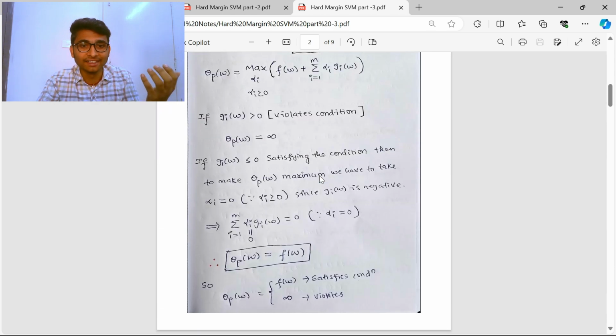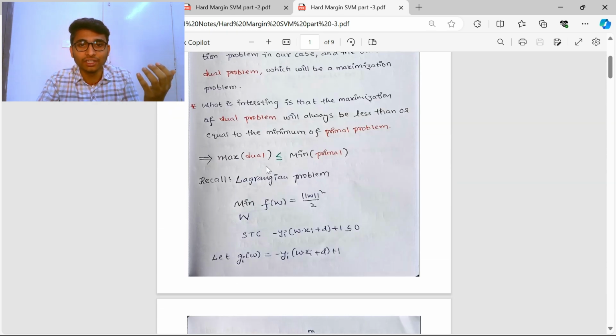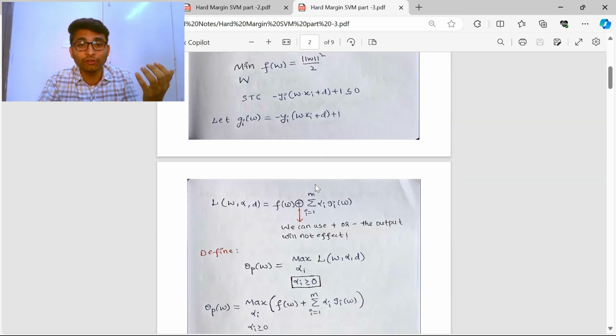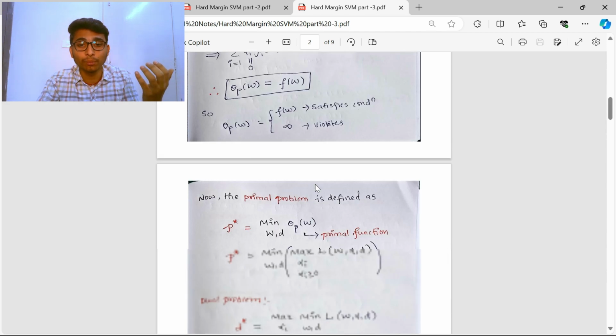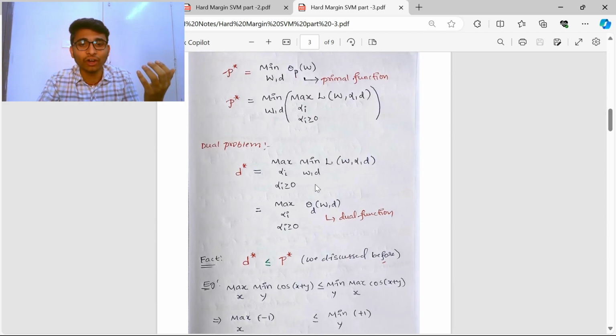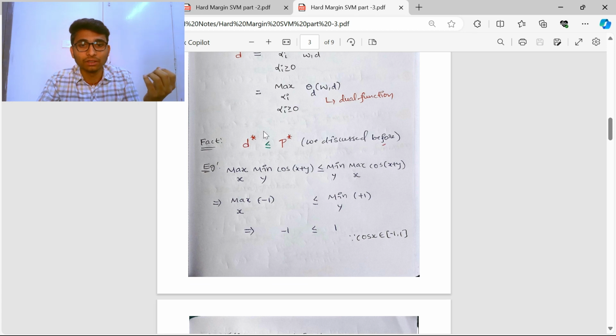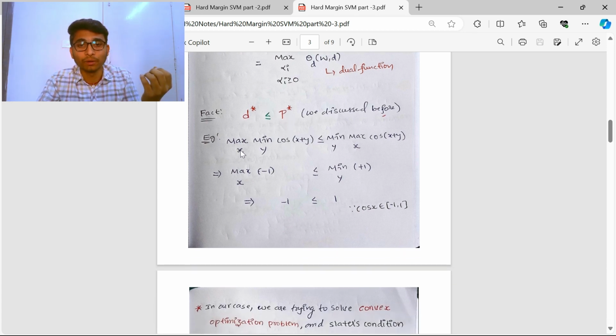Now, the fact which I discussed before: the dual problem will always be less than or equal to the primal problem. Let's take one example: the maximum over x of the minimum over y of cos of x plus y will be less than or equal to the other order.